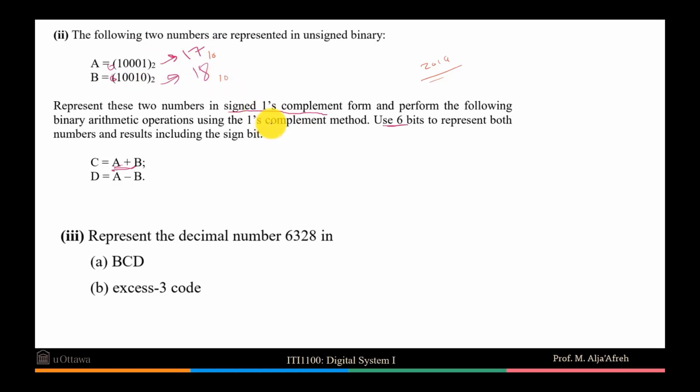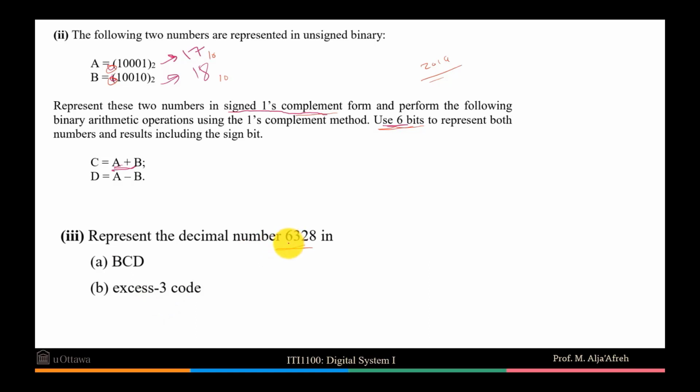The question is asking you to do the operations to calculate C and D using the ones complement format. Okay, ones, not twos complement. And they explicitly ask you to use a 6-bit representation. That's why we're going to add a 0 at the beginning of each operand. After that, they ask you to represent the decimal number in BCD and XS3.